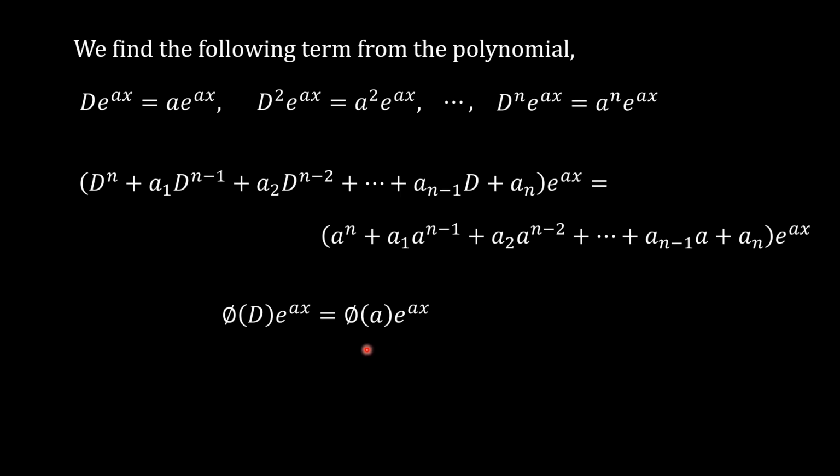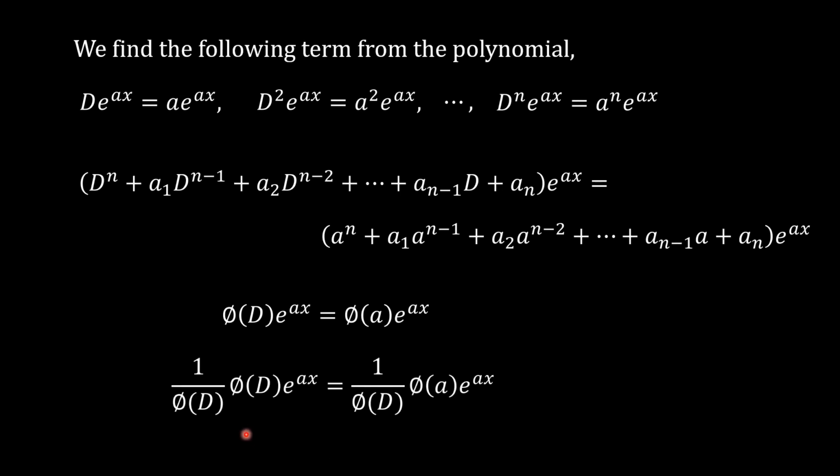So from the above expression we got this expression. Our aim is to find 1 upon phi of D of e raised to ax. For that purpose, we will operate the operator 1 upon phi of D on both the sides, and we will get the expression 1 upon phi of D of e raised to ax is equal to 1 upon phi of D of phi of a into e raised to ax. We will simplify it further. Phi of D will get cancelled.